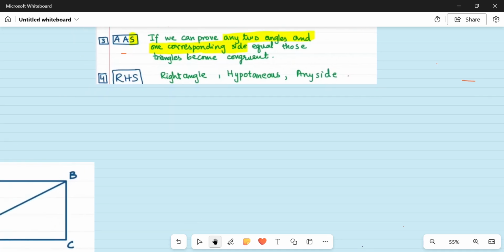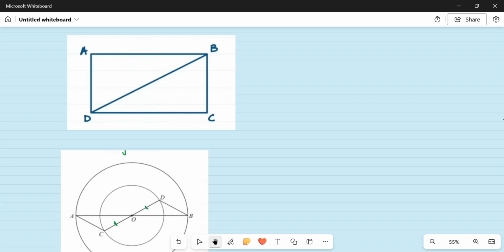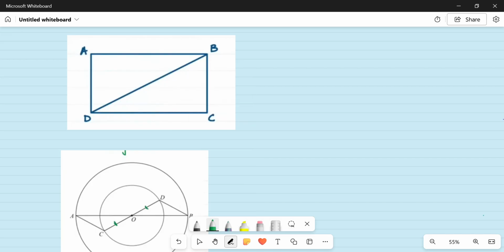The first one, as you can see in this diagram, students, we need to prove that triangle ABD is congruent to triangle BCD. There are two triangles.